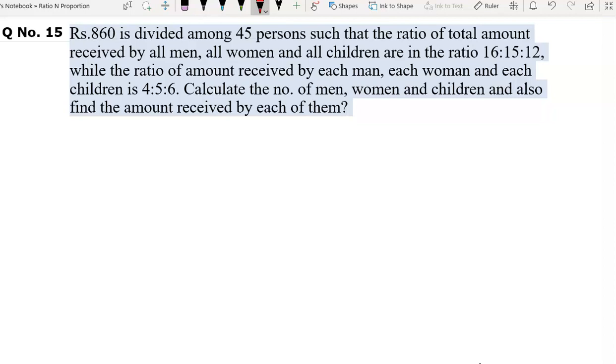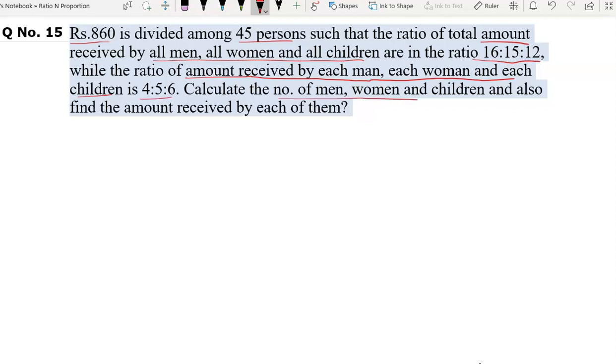Question number 15. Rupees 860 is divided among 45 persons such that the ratio of total amount received by all men, all women and all children are in the ratio 16:15:12. This is the ratio of amount, while the ratio of amount received by each man, each woman and each children is 4:5:6.